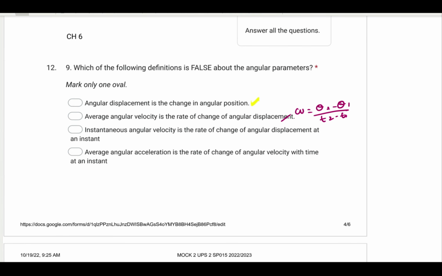Okay. Instantaneous angular velocity is the rate change of angular displacement at an instant. Betul. Average angular acceleration is the rate change of the velocity with time at an instant. Salah. Okay, salah sebabnya disebut sini average tapi kat belakang ada perkataan at an instant. Okay, so the answer is D.